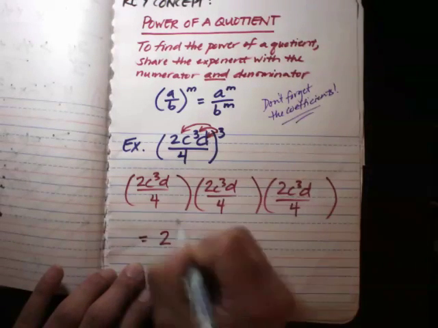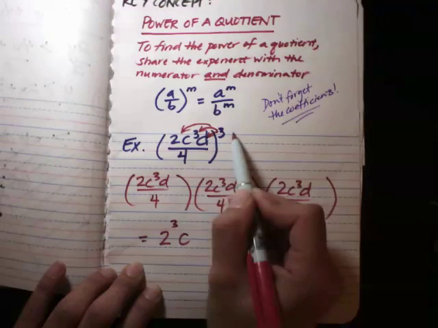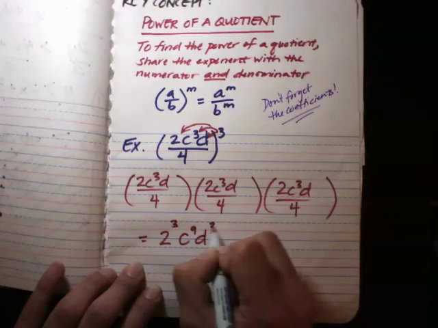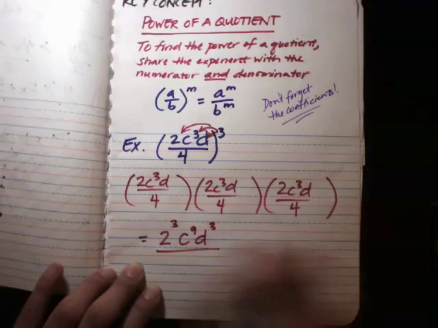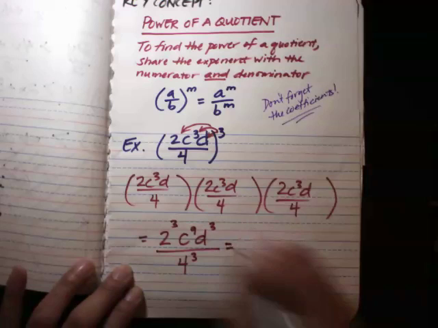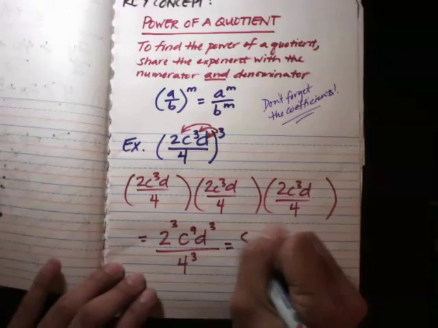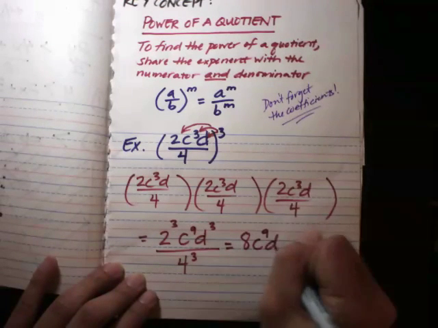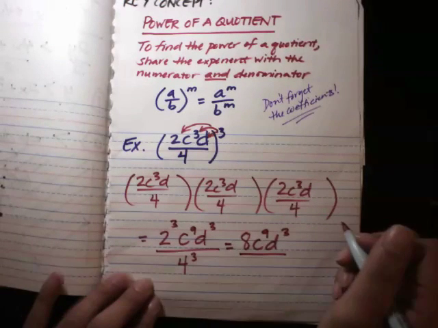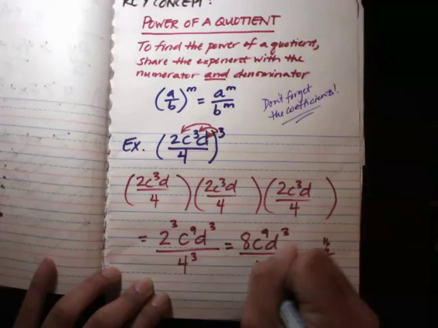You would have 2 to the third power times c to the third power, which is c to the 9th, or d to the third divided by 4 to the third power. And you would of course simplify that out. 2 to the third power is 2 times 2 times 2, which is 8. C to the 9th d to the third divided by 4 times 4 is 16 times 4, just making sure, 64.